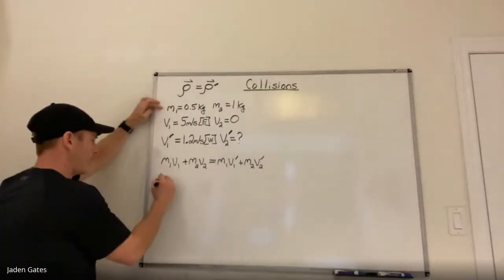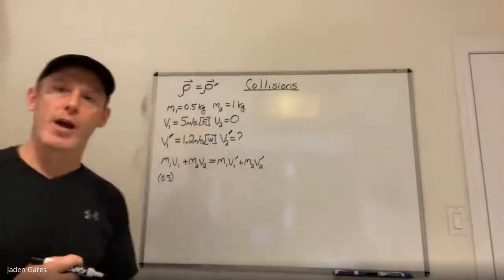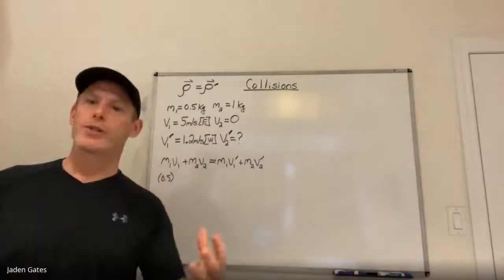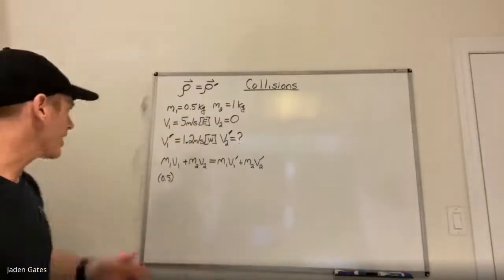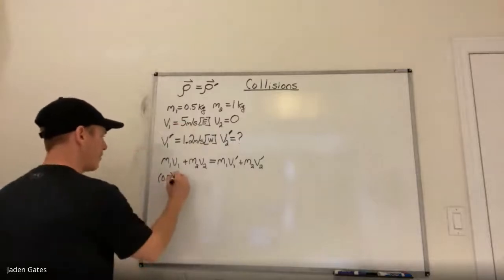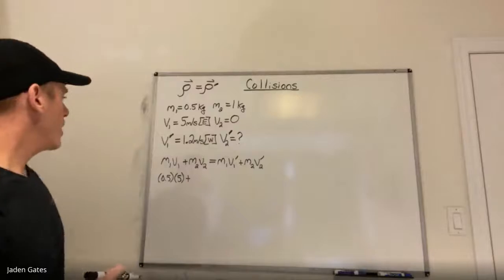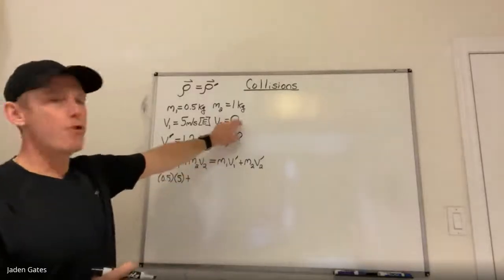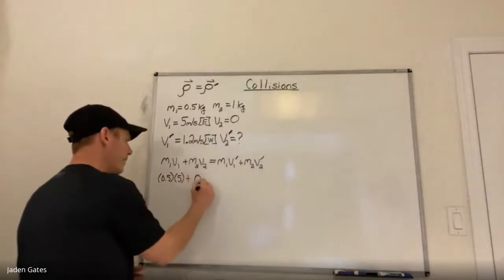So I have 0.5 times V1. Now, we have direction here, and that matters. I use east as positive and west as negative, so I'm going to have a positive 5 here, plus my second object, which wasn't even moving initially, so its momentum is 0.